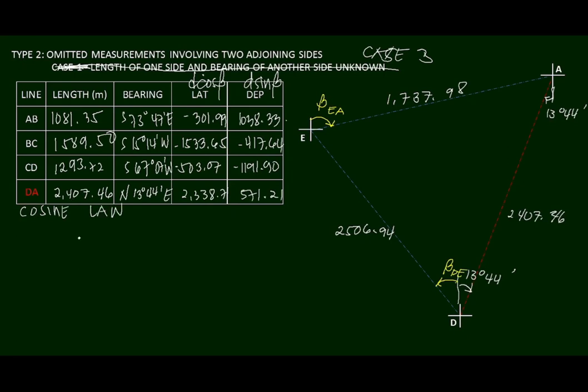So again, let's write our cosine law. C squared is equal to A squared plus B squared minus 2AB cosine of C. So, it is up to you what you will use as A, B, and C. What is important here, as I said, is that the side on my left, the angle you consider is the opposite angle of this side.